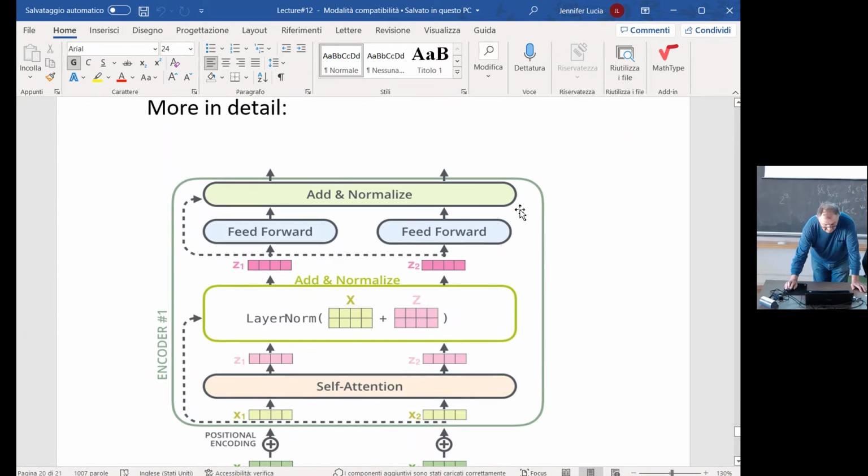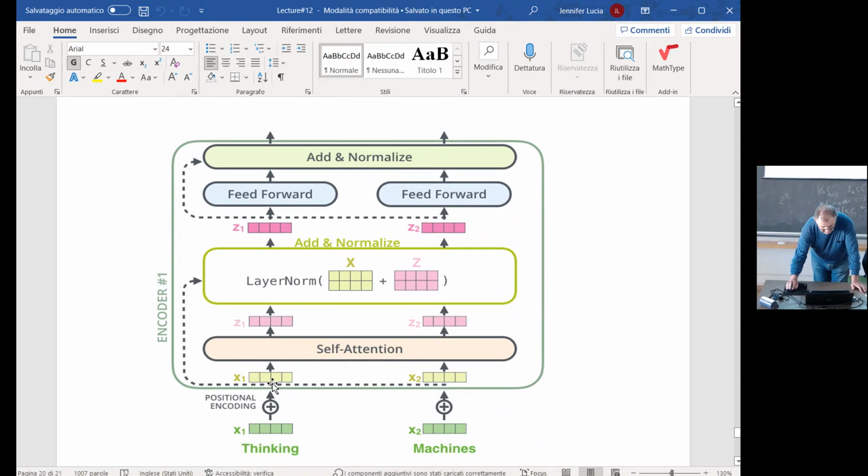More in detail will be self-attention. Yes, we have Xi plus positioning. This is additional information. Self-attention. Then the exit is Z1, Z2. Then layer norm. We have the summation of X plus Z. And we bring here the information about the positioning.